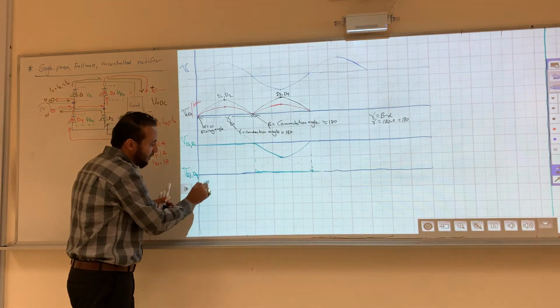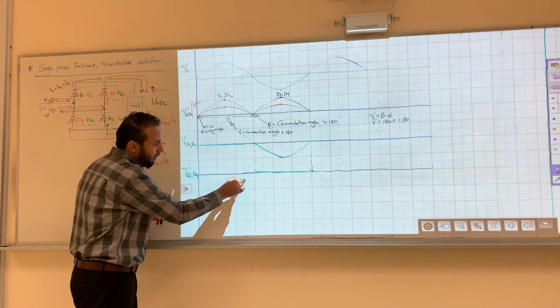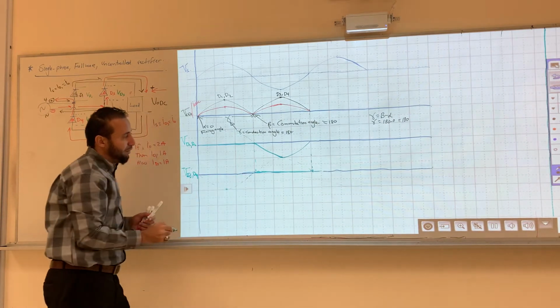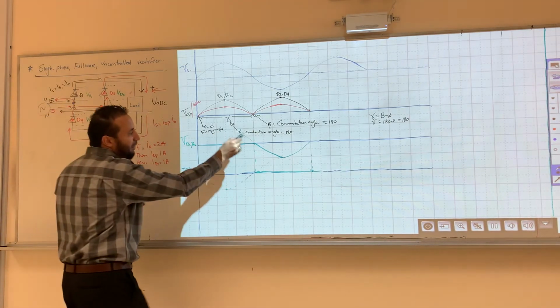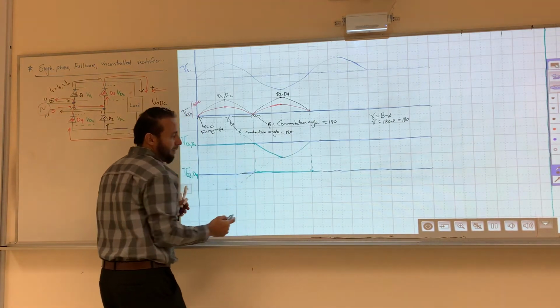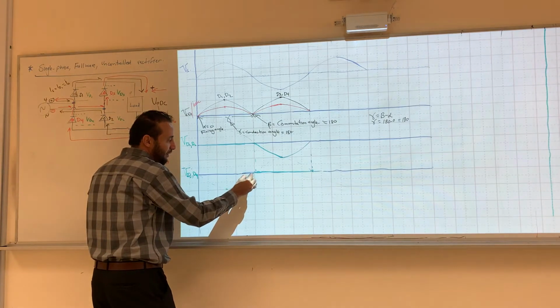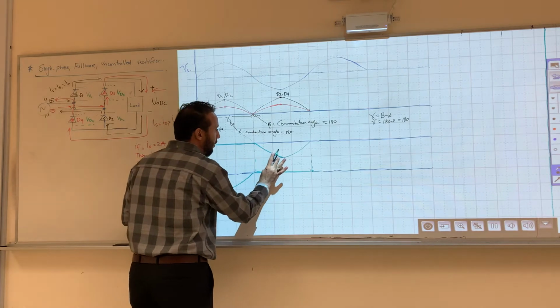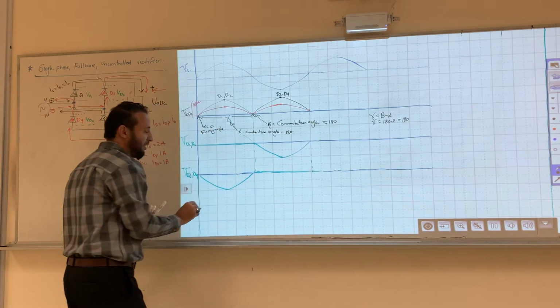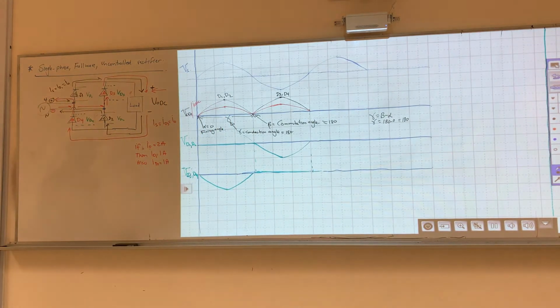So the negative starts from here. Because this one is the positive, it starts from here, but the negative starts from here. So that's what will be left. And this is 0. Okay, that's V diode 3 and V diode 4.